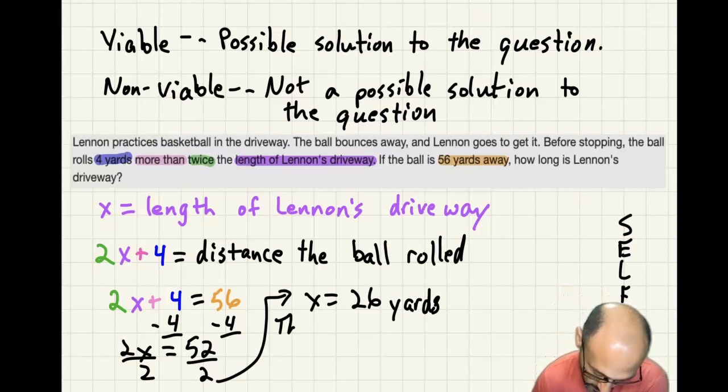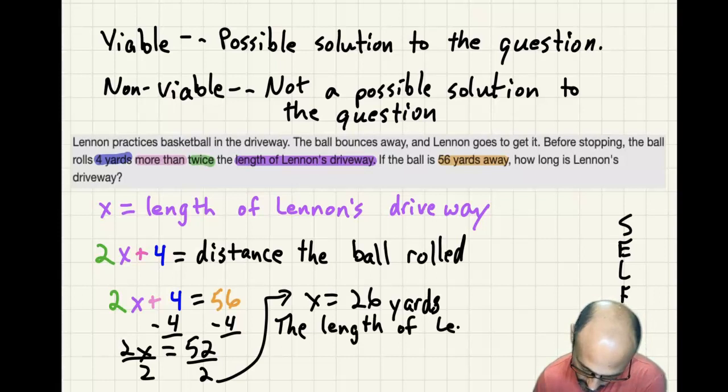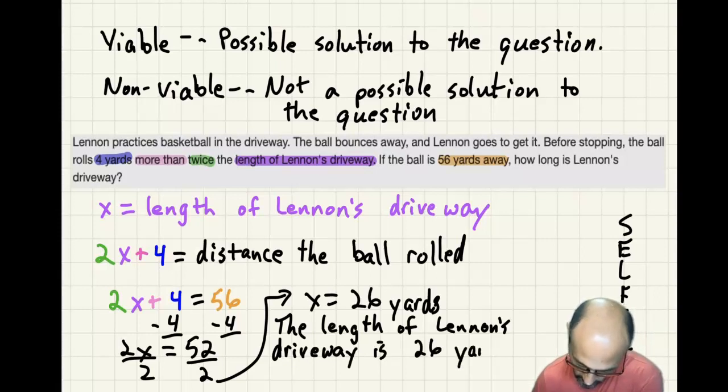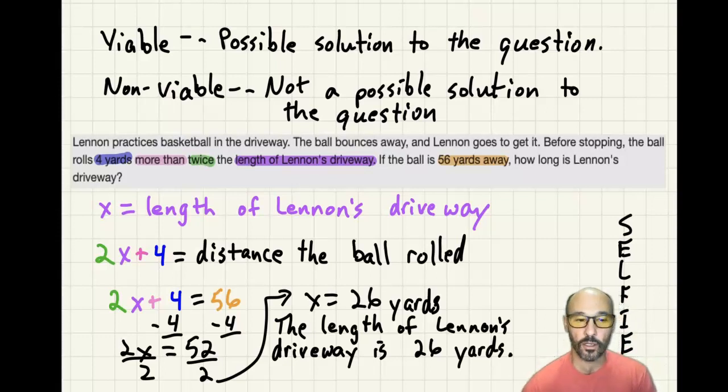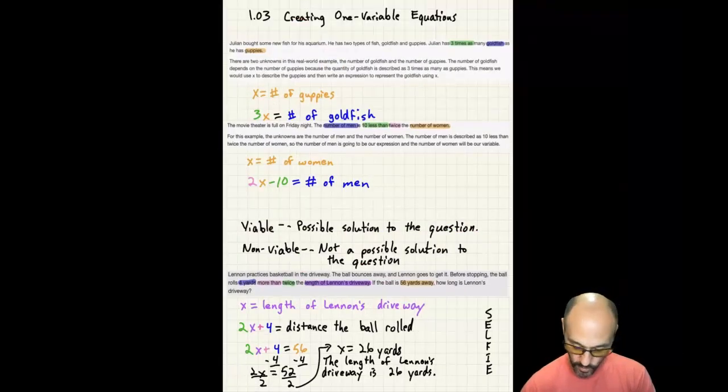So we say the length of Lennon's driveway is 26 yards. And it might be a good idea to check this as well, so we plug it back into the original equation and show that it's true. So that is how we're going to use SELFIE to create one variable equations and solve them.